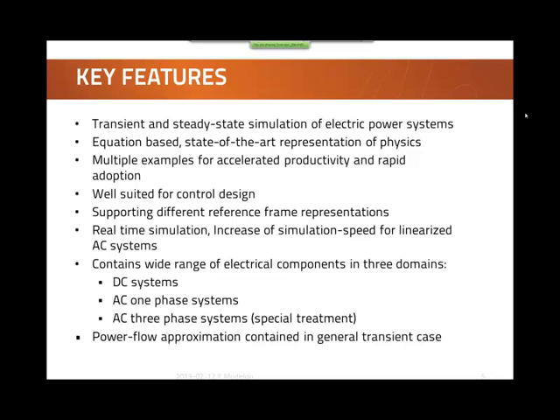And the library is basically divided between components for DC systems, for AC one-phase systems, and AC three-phase systems. And again, for three-phase systems we have different representations, ABC and DQ0. And you could also work directly on power flow approximations.